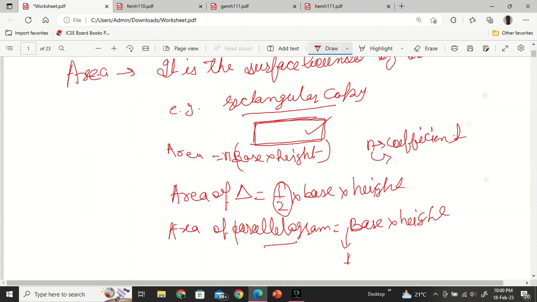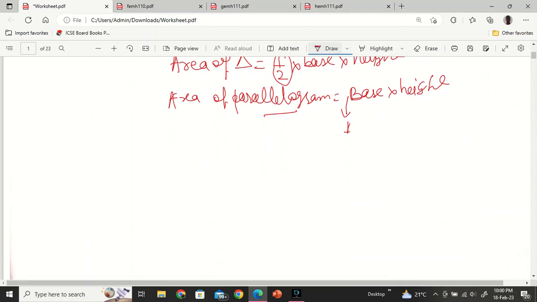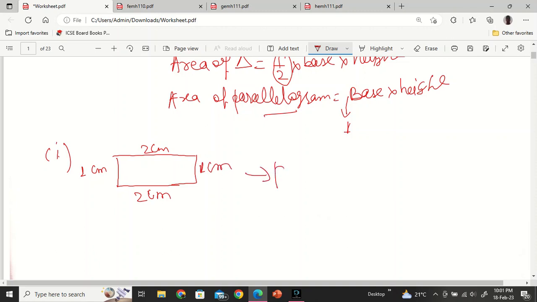So now we'll study area and perimeter for different pictures. First thing I am taking is a rectangle. If the length is 2 centimeter and the breadth is 1 centimeter, then what is the perimeter?